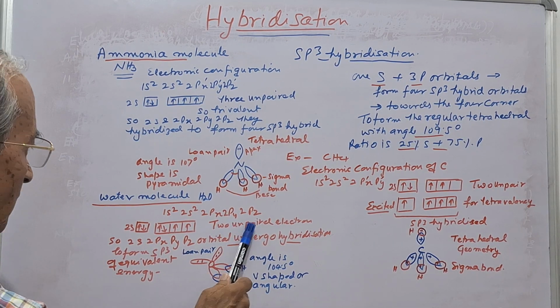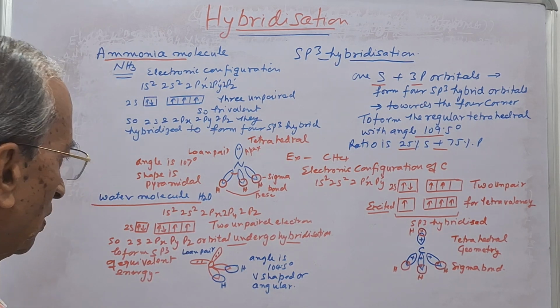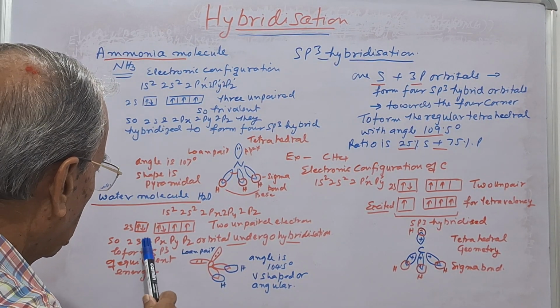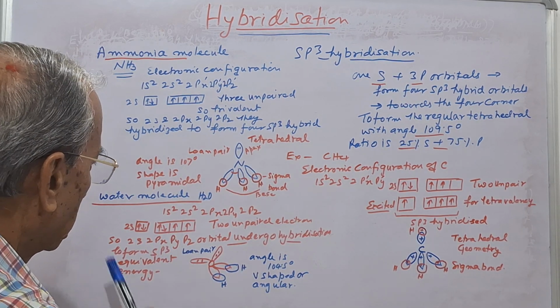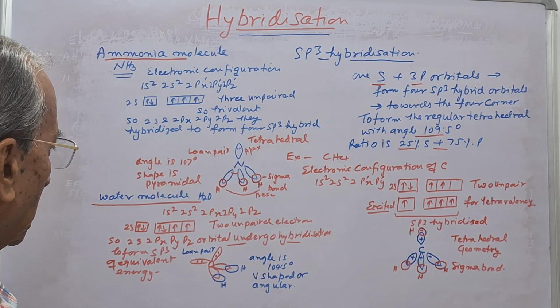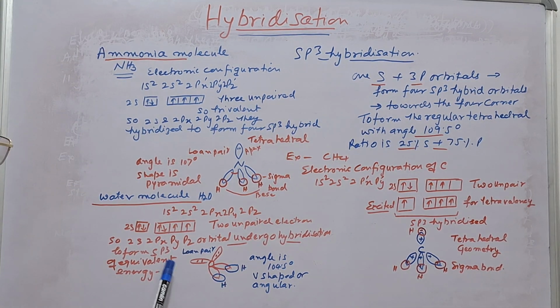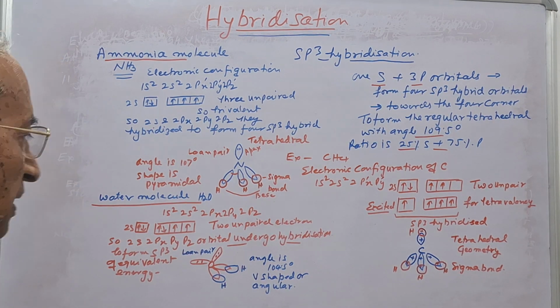These two unpaired electrons overlap with the hydrogen atoms. So 2s and the 2px, 2py, 2pz orbitals undergo hybridization to form four sp3 orbitals of equal energy.